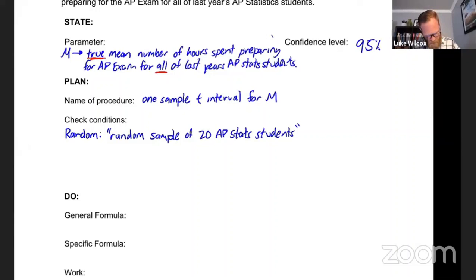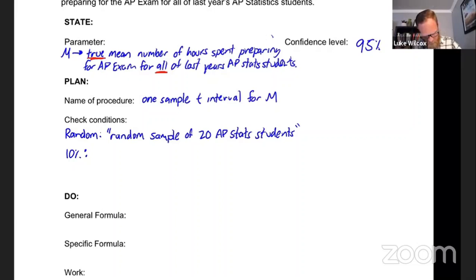All right, next up is the 10% condition, which we need to check if we are sampling without replacement. And in this case, I'm sure that we didn't take one AP Stats student and then put them back in the pool after we sampled them, right? So once they're taken out, this is without replacement, which means that we do need to check the 10% condition here.